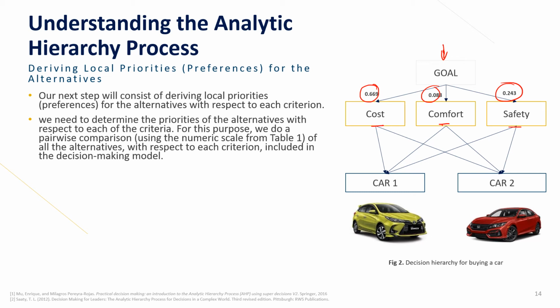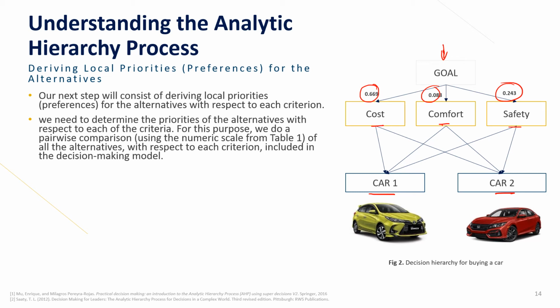For this purpose, we will do a pairwise comparison. Again, like comparing comfort with comfort, cost with safety. However, this one will make the comparison for car 1 and car 2, the alternatives. How we compare will be based on the criteria.